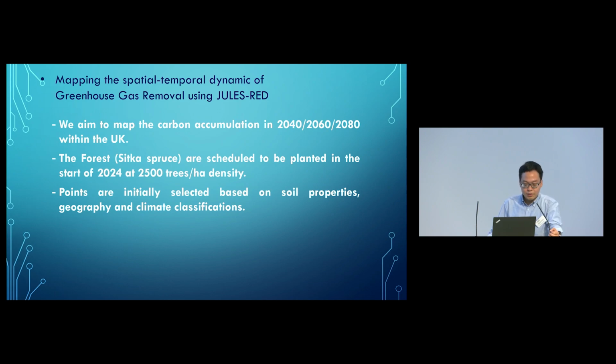The forests are scheduled to be planted at the start of 2024, which is next year, and the density is 2,500 trees per hectare. And we selected 100 points in this initial study based on the soil property, geography, and climate classification.